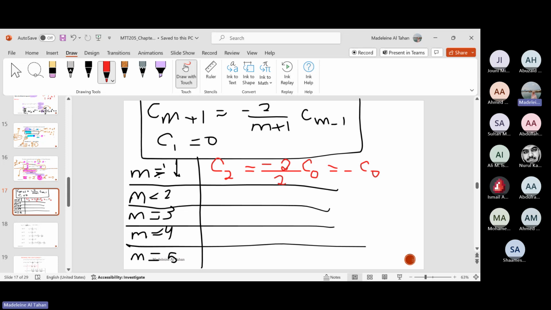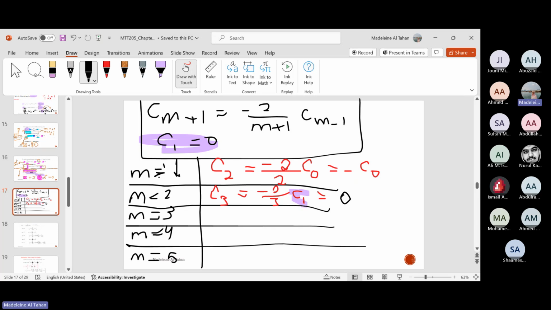Now, at m equal 2, what will we get? c3 equals minus 2 over 3 c2 minus 1, which is c1. What's c1, miss? c1 is 0. So we'll put 0. 0 times any real number is 0.